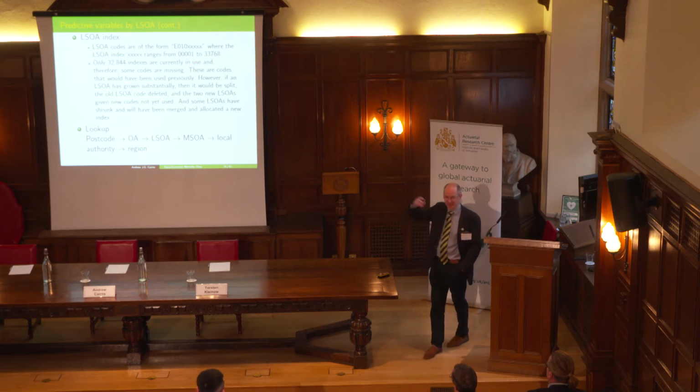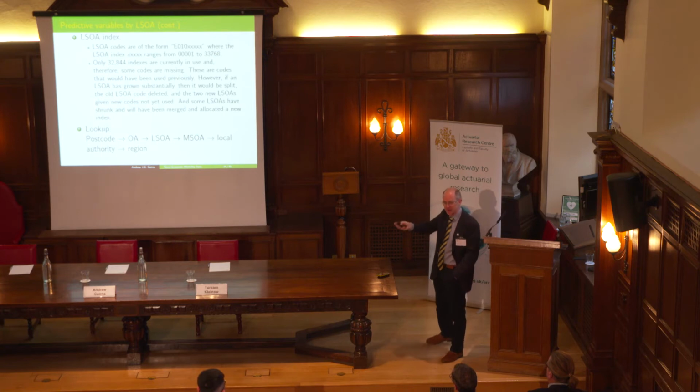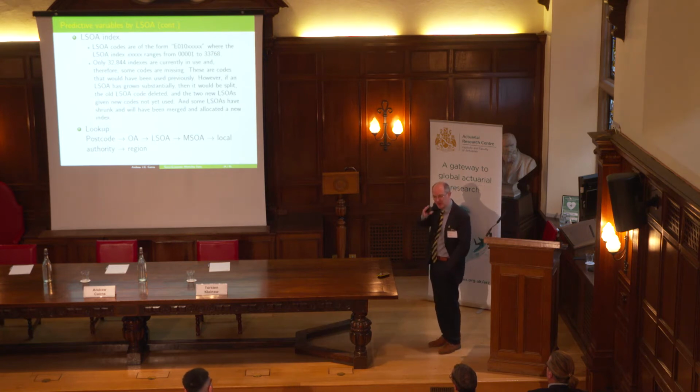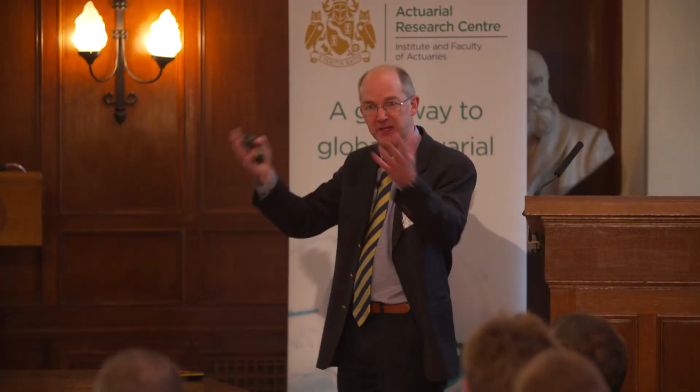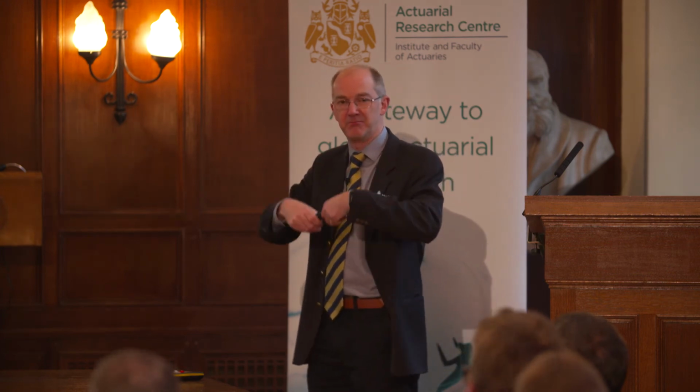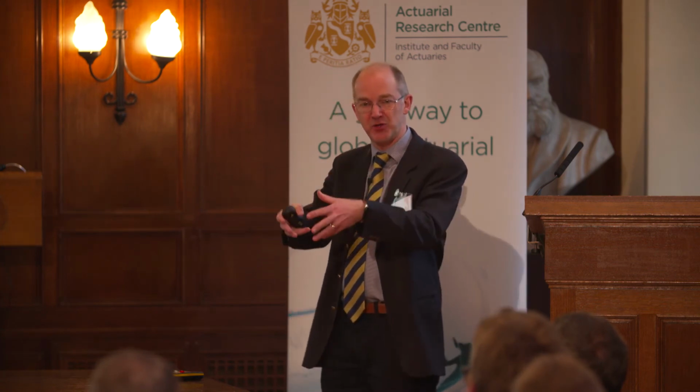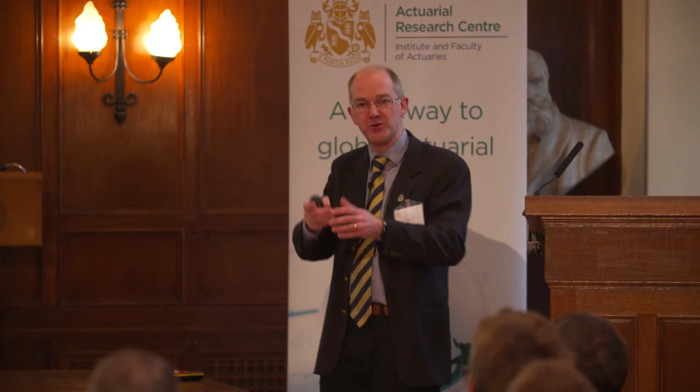The reason that's bigger than the number of LSOAs is that over time, some of the original set of LSOAs have been split into 2 because the area has grown through house building, for example. Other areas may have a shrinking population, and so you may have a merger of 2 LSOAs.